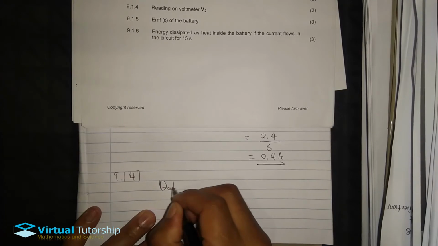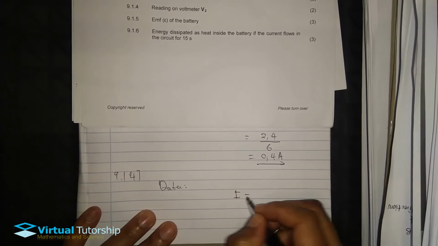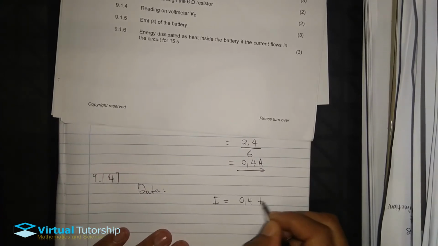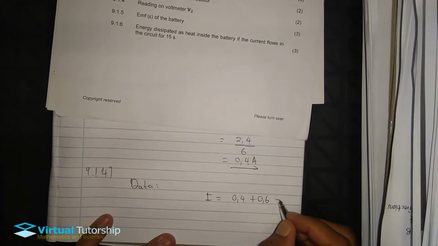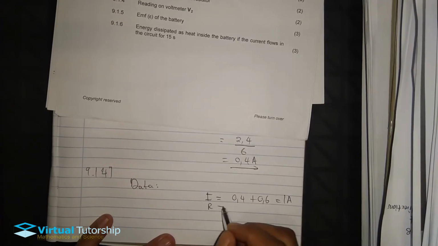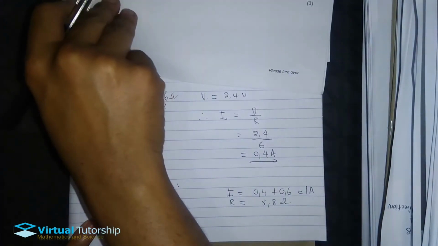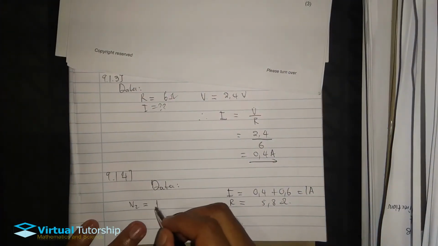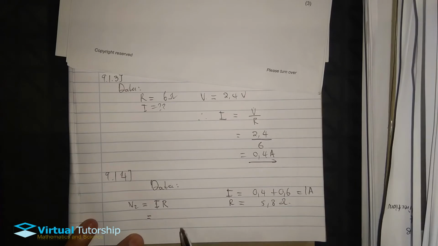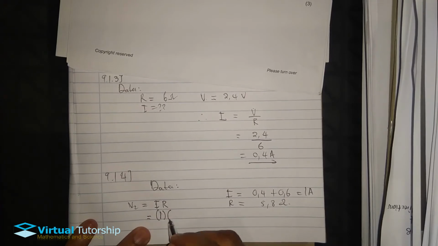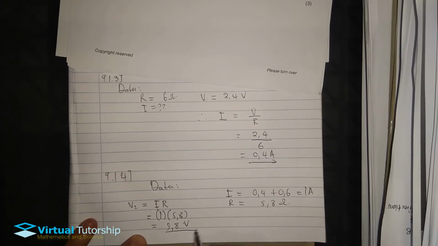Let's take out the data. Current flowing through the 5.8 resistor is 0.4 plus 0.6, which is equal to 1 ampere. Resistance is 5.8 ohms. Now we want the potential difference V2, which is I times R. I is 1, R is 5.8. So our answer is 5.8 volts. This is the potential difference across the 5.8.